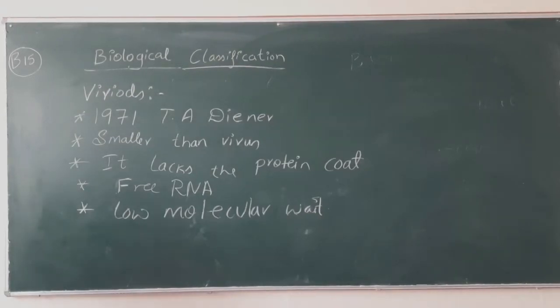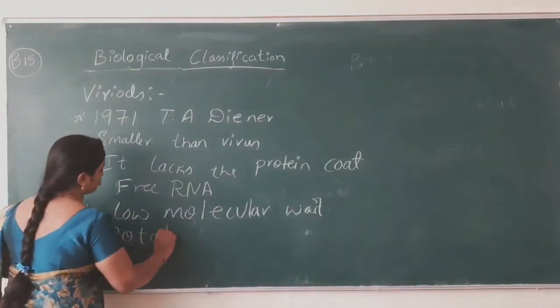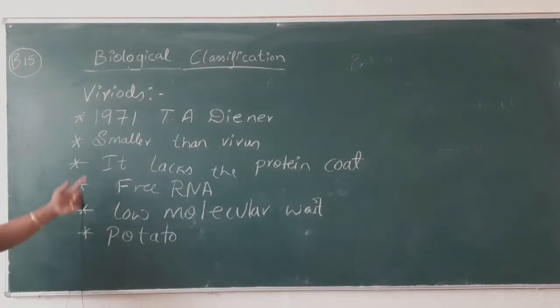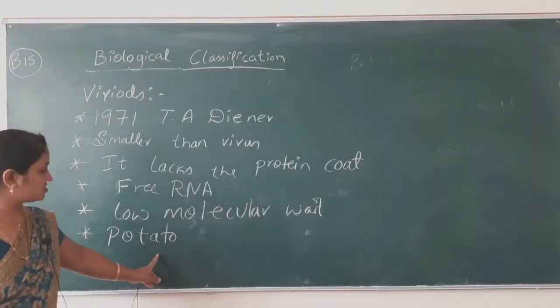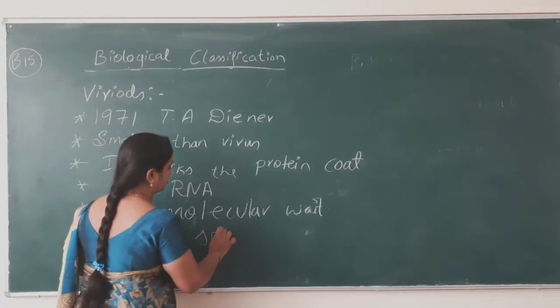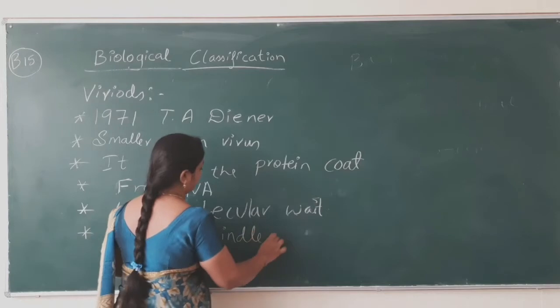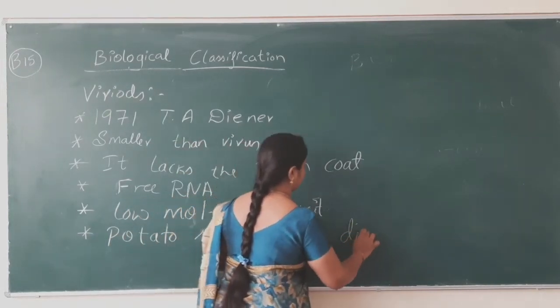These viroids infect the potato plant. When the viroids infect the potato plant, it causes disease. The disease name is potato spindle fiber disease.